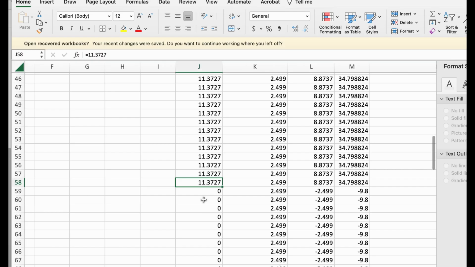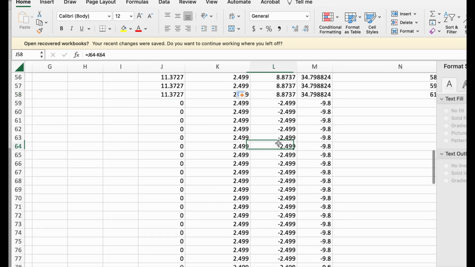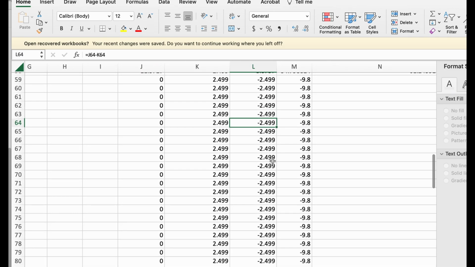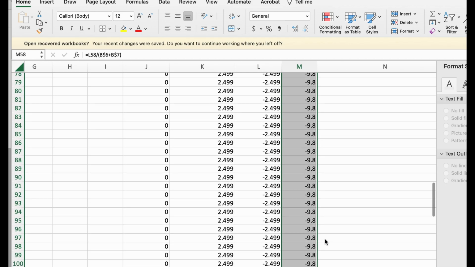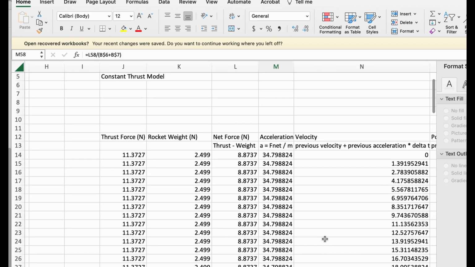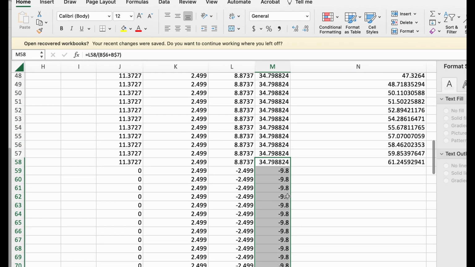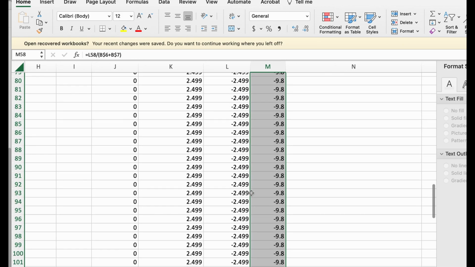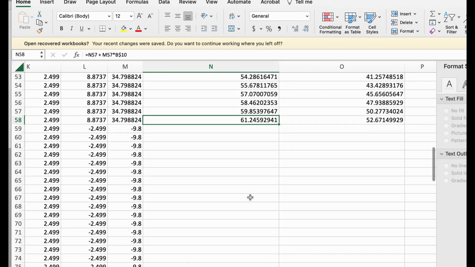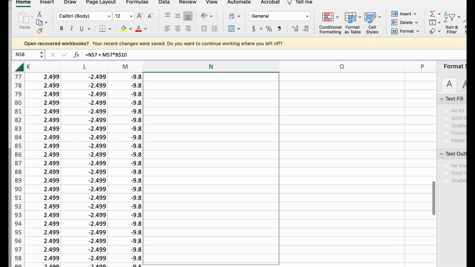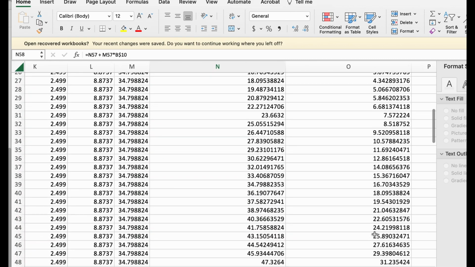So now we see that our net force has now become negative. I could now just let the acceleration be calculated based on that net force now. Then I'm going to just drag down this column because it's still going to calculate it based on the accelerations.